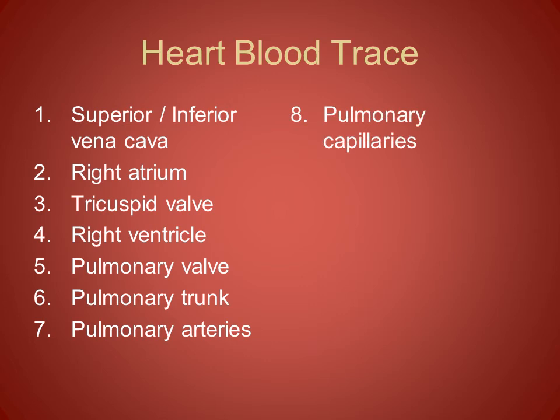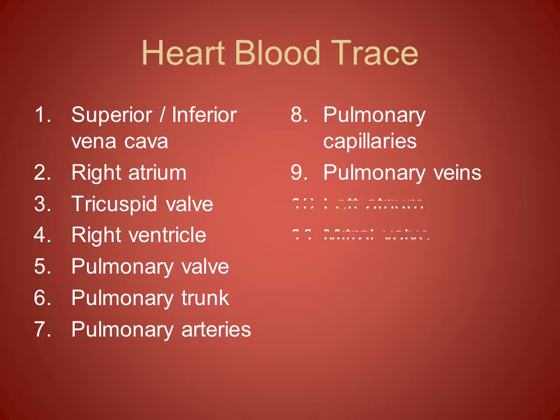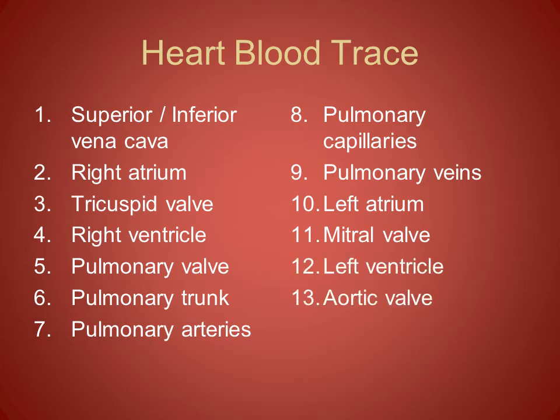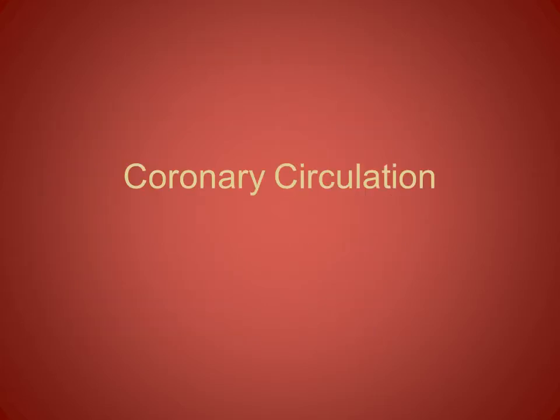In the lungs, it flows into the pulmonary capillaries where the gas exchange is going to occur. Then it flows from the capillaries into the pulmonary veins, returns back to the heart, and flows into the left atrium. It will flow through the mitral valve to the left ventricle, and then out the aortic valve, through the aorta, into the systemic circulation.